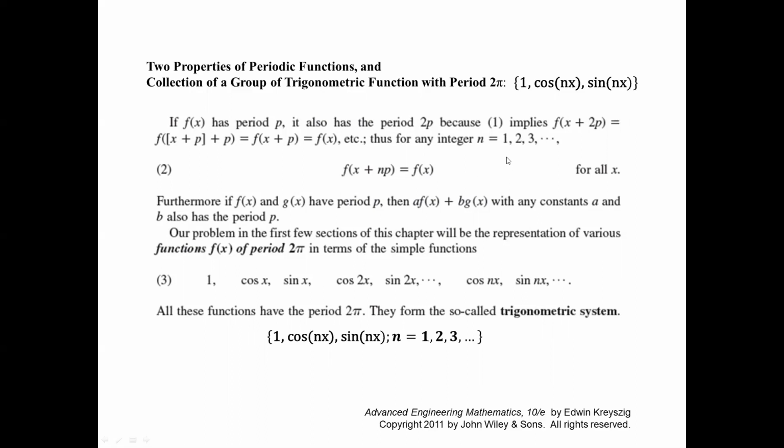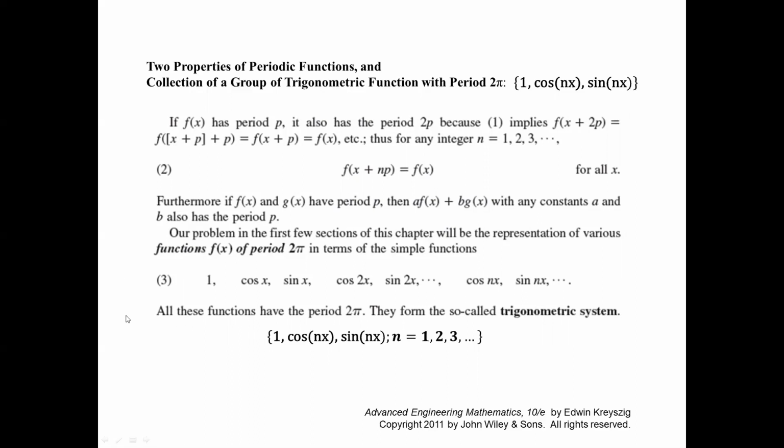This can be understood because the function repeats itself. And the second, if f and g are two functions, both have period p, then any linear combination of these two functions will have period p, where a and b are arbitrary given constants.